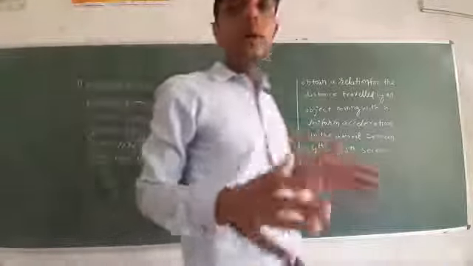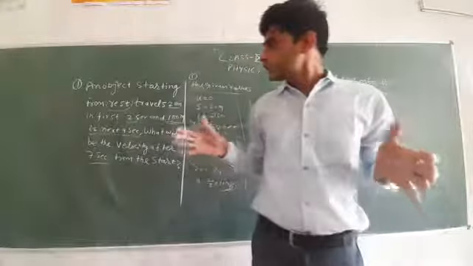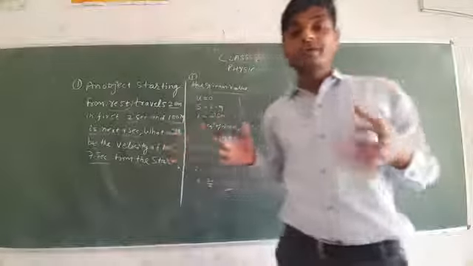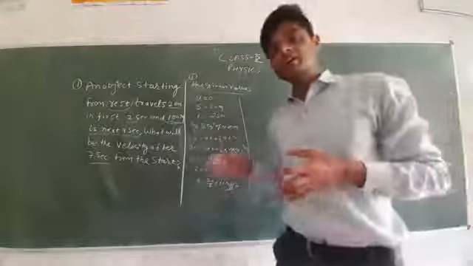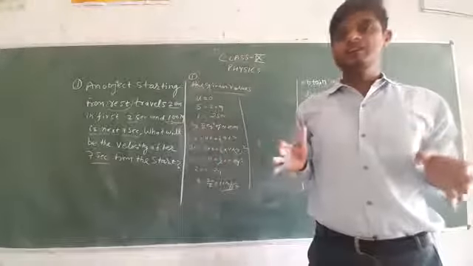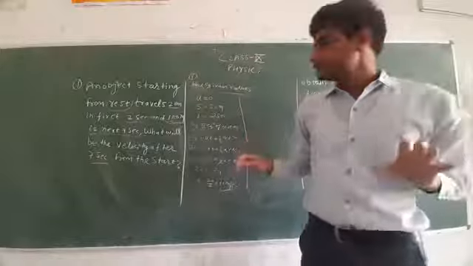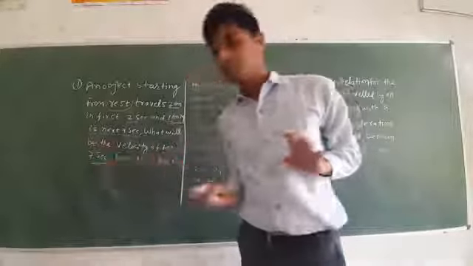So we have to find the acceleration. We have to check whether the object is moving with the same acceleration or variable acceleration. After that, we can find the velocity after 7 seconds.